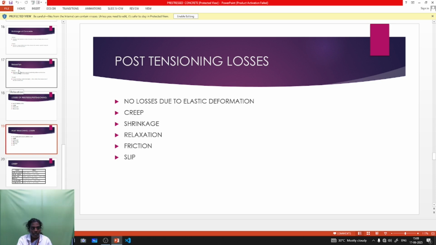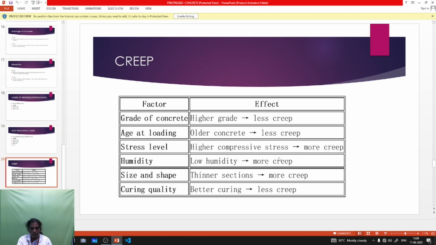So short term deflection, long term deflection, pre-tensioning losses, and post-tensioning losses are explained.